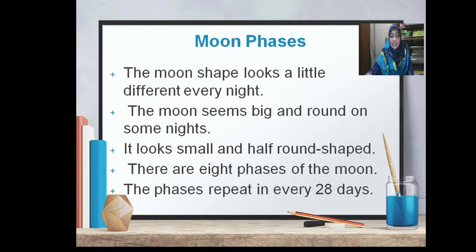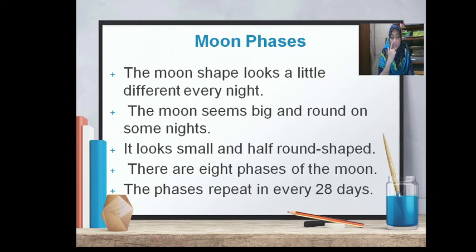There are 8 phases of the moon. The phases repeat every 28 days.